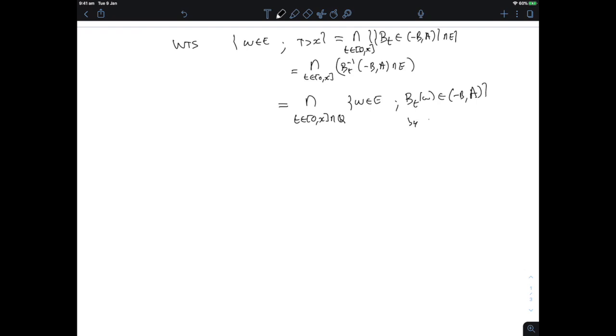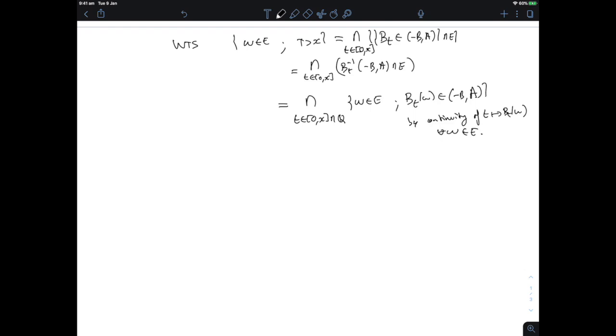That's by continuity of t goes to Bt of omega for all omega in E. So if you're in that open interval, you have to be within an epsilon of one of the endpoints, and then there exists a rational time such that you're also within, say, 2 epsilon of -b and a.